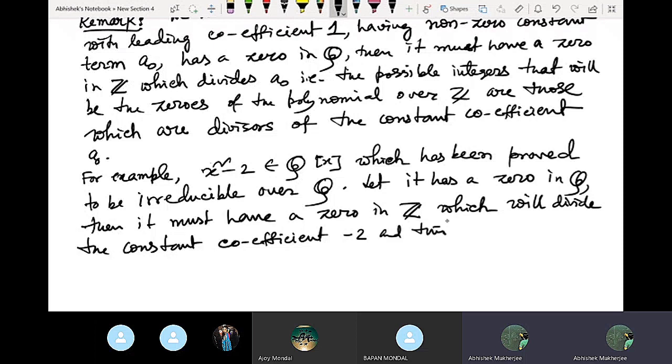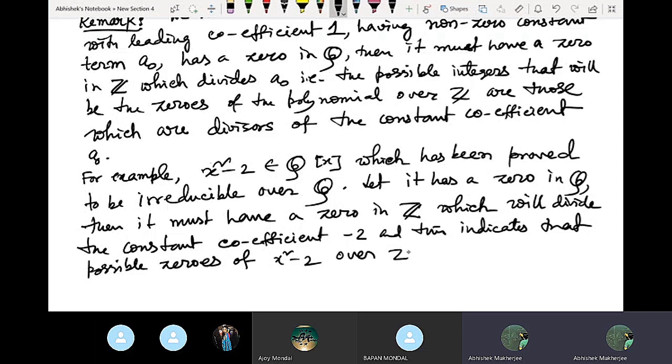And this indicates that the only divisors of 2 are plus minus 1, plus minus 2, and this indicates that the possible zeros of x square minus 2 over Z are plus minus 1, plus minus 2.